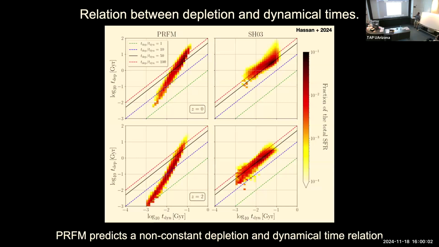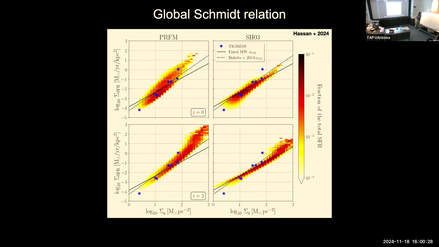But the prediction from our model is that as you go to shorter dynamical time, you have even shorter depletion time, which suggests that our model predicts a non-constant relation between depletion time and dynamical time. And that's very interesting, right? It's not as people thought before, that there is a constant relation. Okay, it's only 10% of the dynamical time that you can deplete the gas and form stars. So that's one of the results we have.